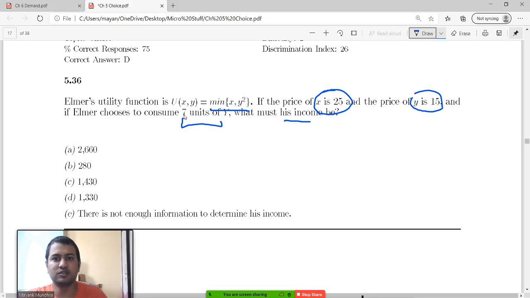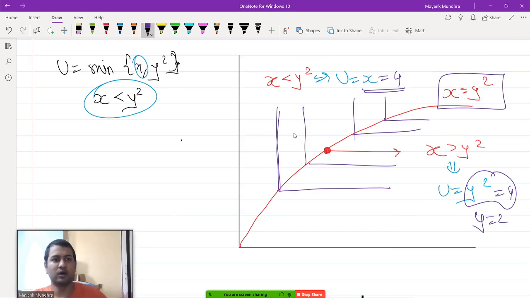Now Elmer chooses to consume 7 units of y. So we are saying his y equals 7. So no matter what his budget line is, he will always consume a point on the red curve. Okay, so that is true for this person. So no matter what the budget line looks like, the maximum indifference curve that he can reach will always occur here.